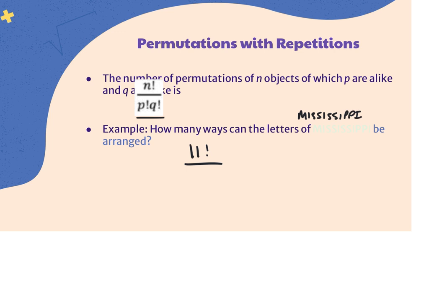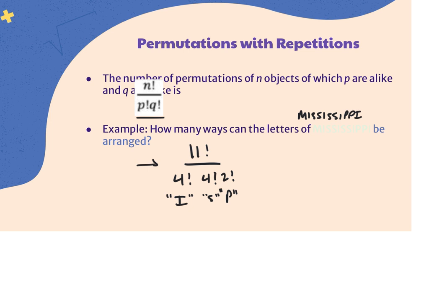But now you have 4 of the same letter. You have 4 of the same I's, 4 of the same S's, and then you have 2 P's. You can't tell the difference if they're rearranged, if the S's are in a different order. They're all the same S, and they're all the same I. You can't tell them apart. So this is how I solve it.